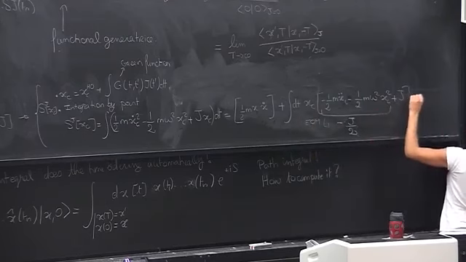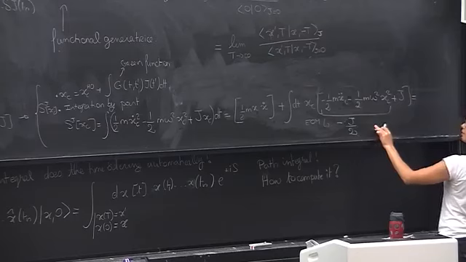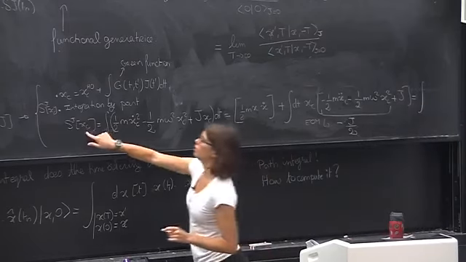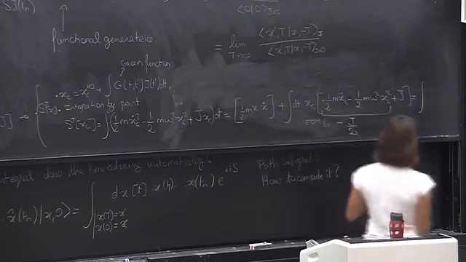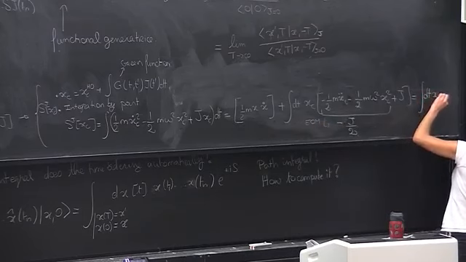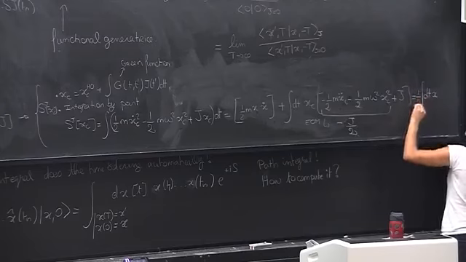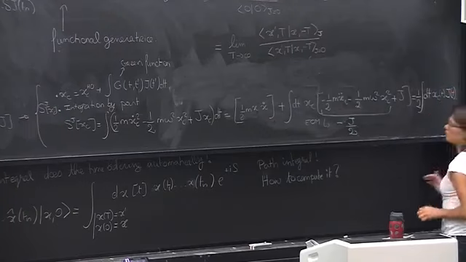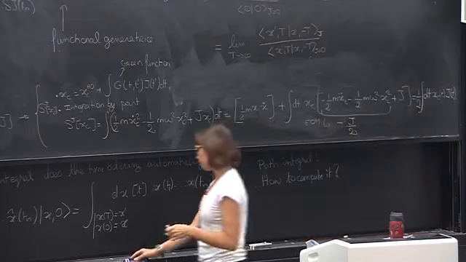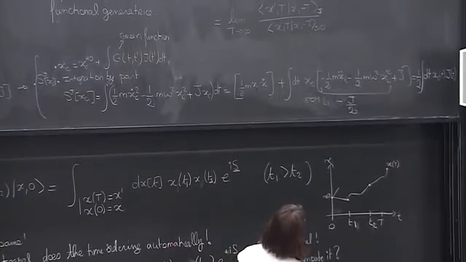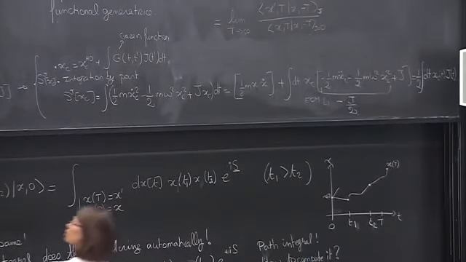Okay, so what you get here is that this is equal to the evaluation of your action in the classical solution, which is simply equal to the integral dt, with the 1/2 coming from here, x_c of t, g of t. And so I just give you what it is.